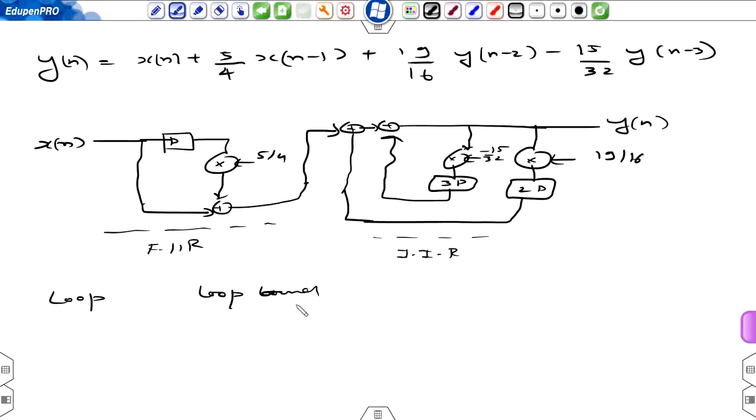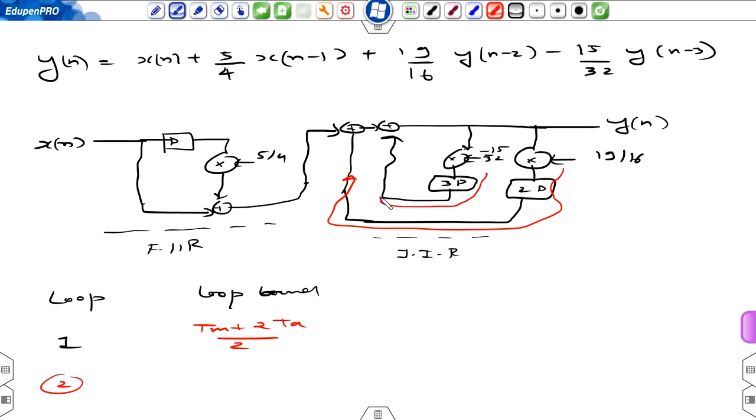So this is loop 1, and its loop bound is Tm plus 2Ta divided by 2, and loop 2 has a loop bound of Tm plus Ta divided by 3.